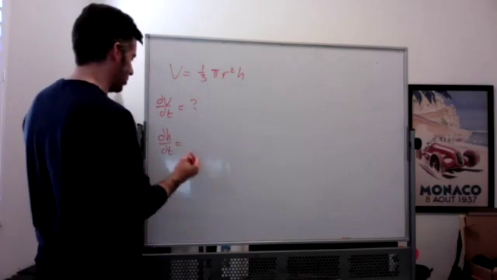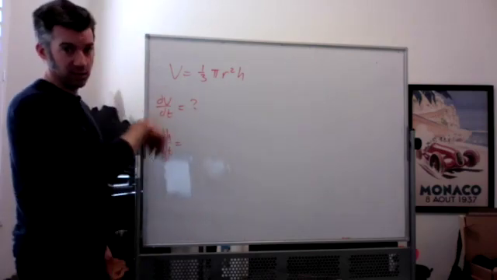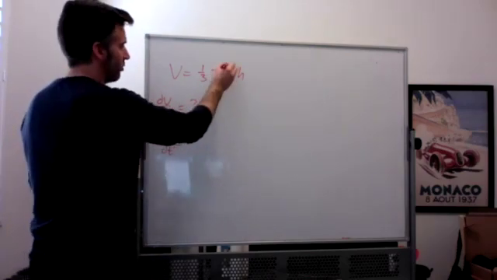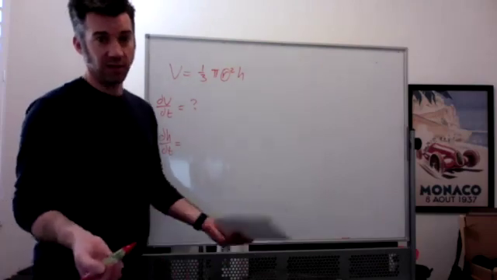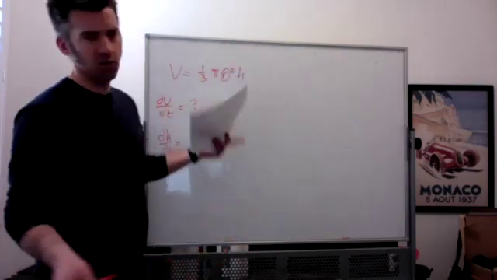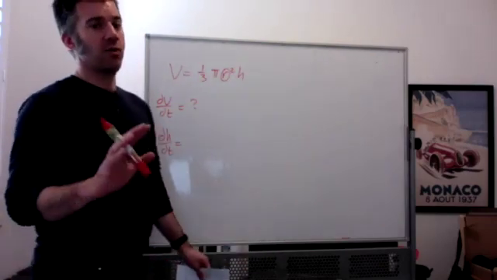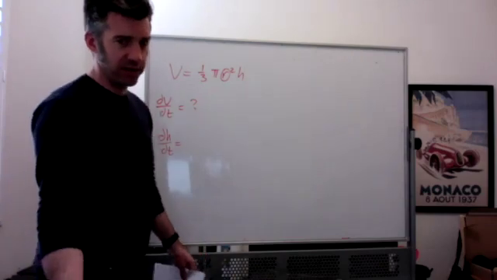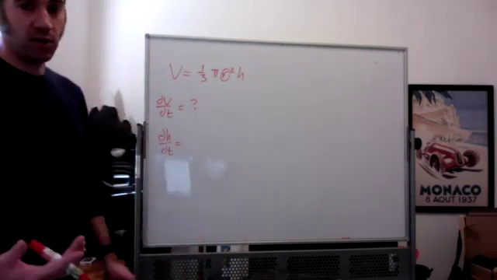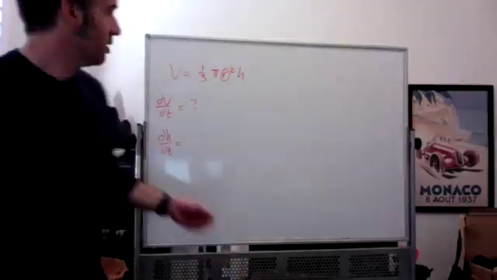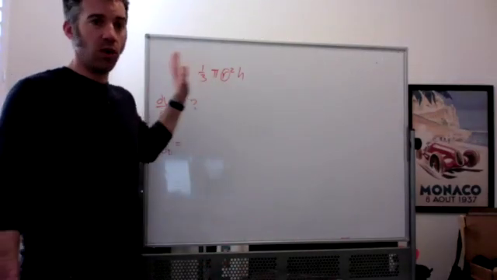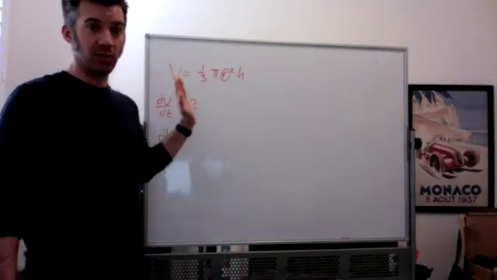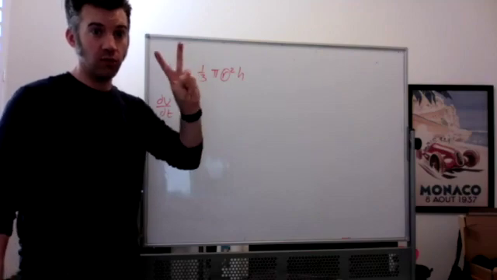You know one, you want to know the other one, and usually this r is a problem because you need to replace it with something in terms of either volume or height, usually height. So what I'm trying to say is that with a related rates problem, you know how one thing is changing, you want to know how the other thing is changing, and you need an equation relating just those two variables.